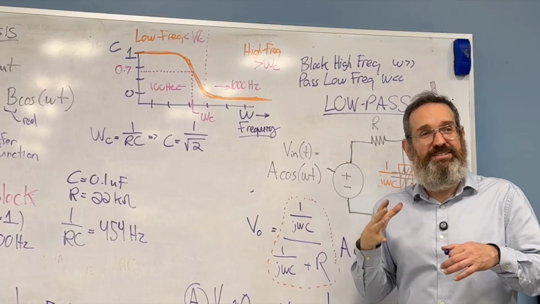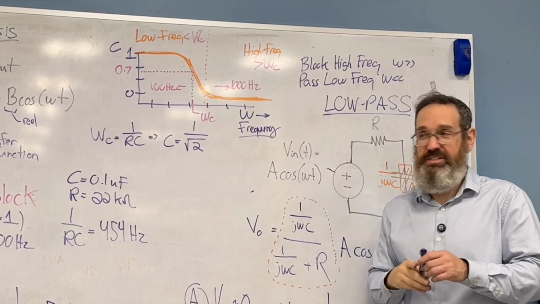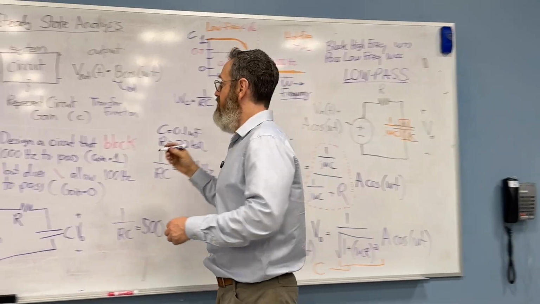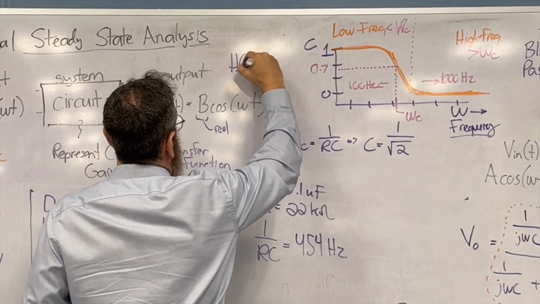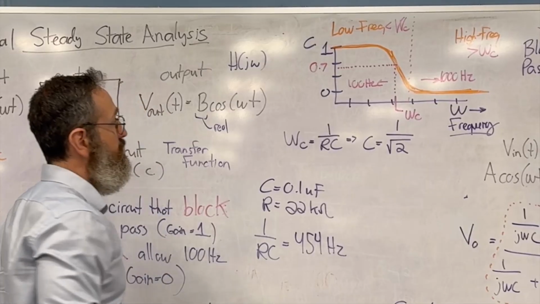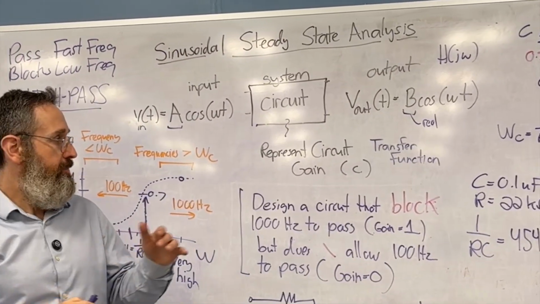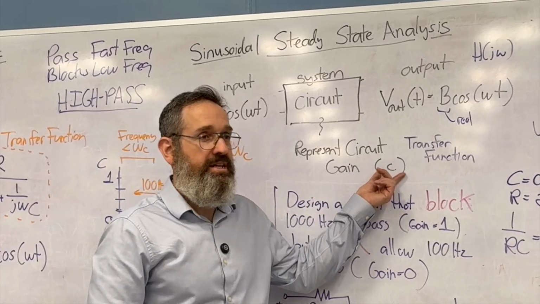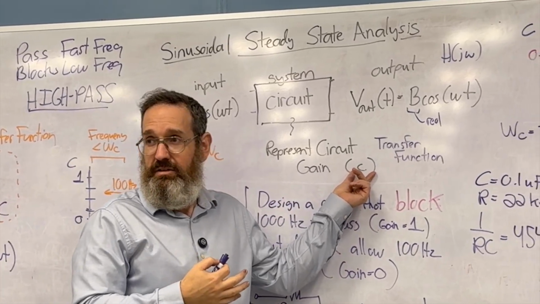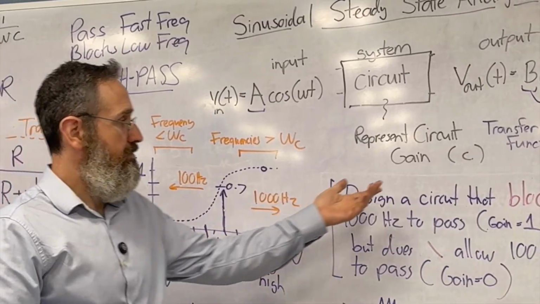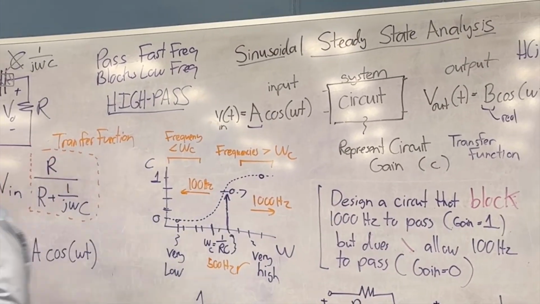So that's why people use frequency domain. You could say transfer function, frequency domain. I remember the transfer function is H of jw because there's a w there. But for the approach that I've shown you here, it's good enough for now to just remember that it's just this C. And it's the same C that happens to come out of complex number addition.